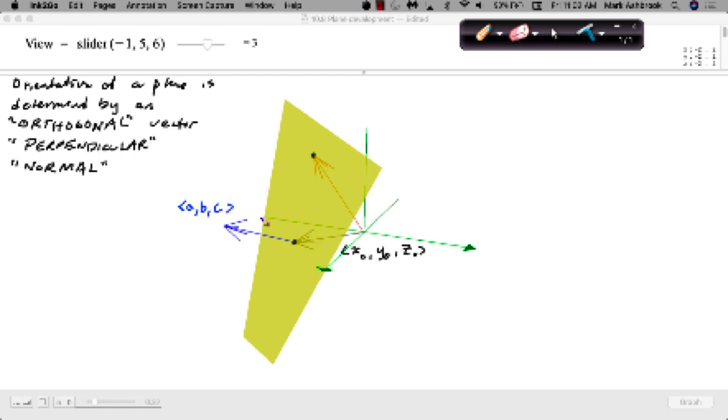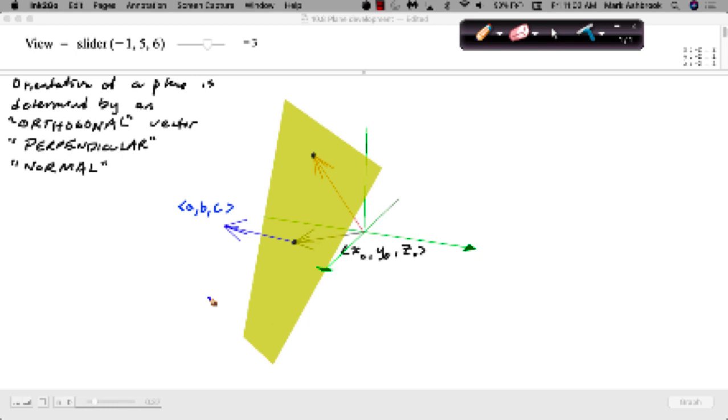Because what is the vector ABC for a line? How is it related to the line? ABC, the direction vector. And what's its direction relative to the line? Parallel, right? It's in the direction of the line. It points in the direction.